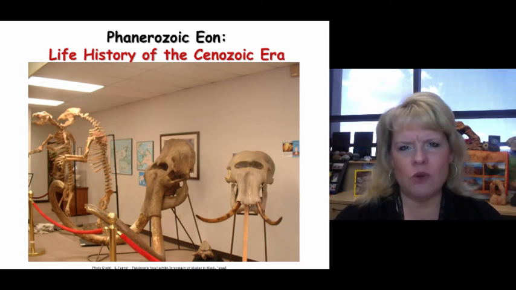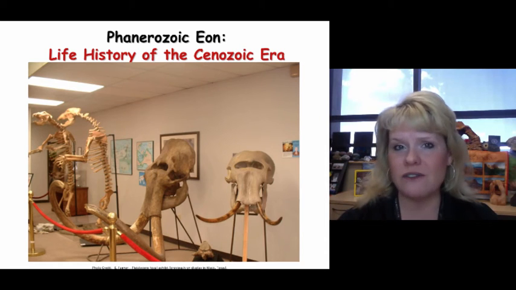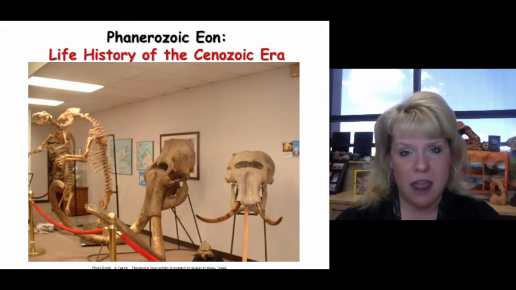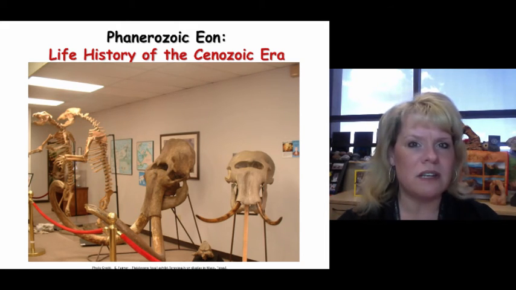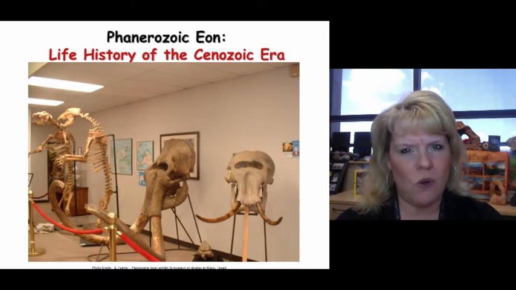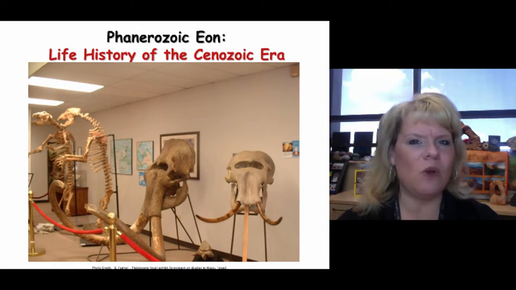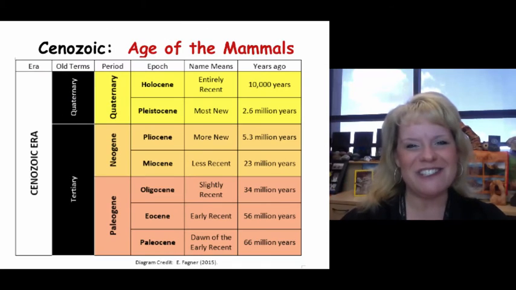Animals evolve, and there are some groups that are distinctive to certain epochs. So I tried to name animals by name and teach you about some of the highlights of the important life forms. This in no way captures anywhere close to all of the critical life forms. We could spend a whole semester on just several of these categories. So let's get busy and learn about what happened in the Cenozoic.